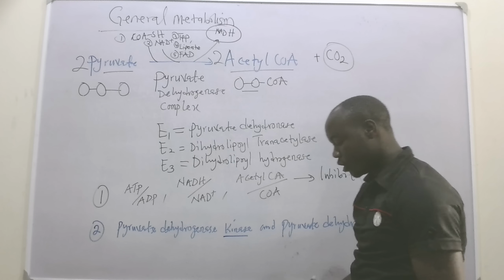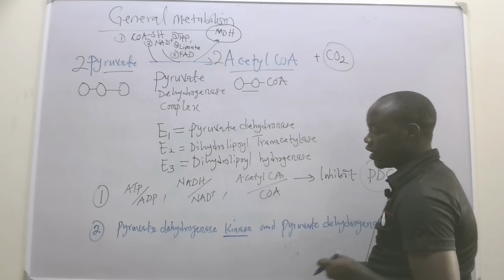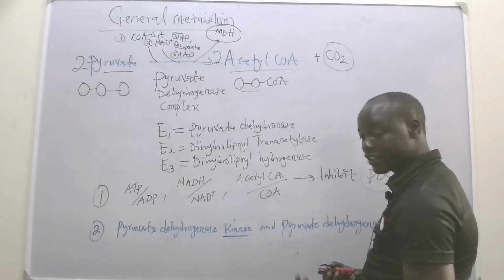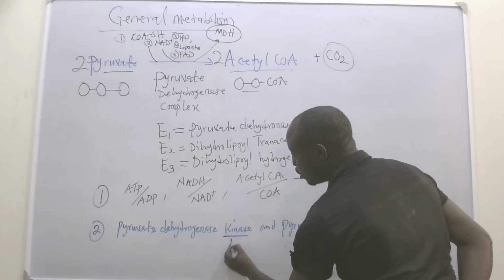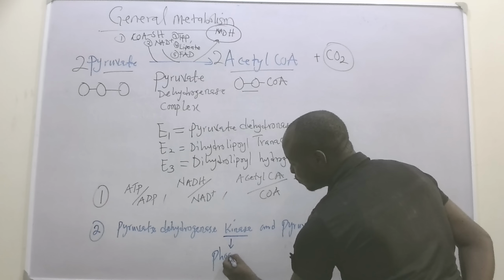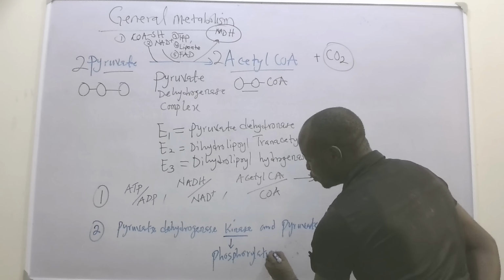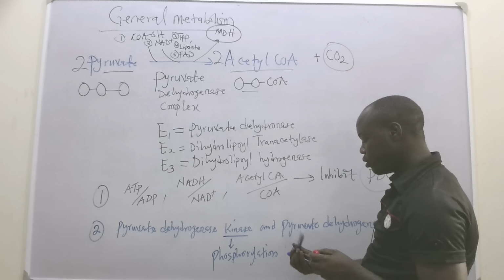or molecule. So, for example, pyruvate dehydrogenase kinase is an enzyme involved in phosphorylation. When we say phosphorylation, it means addition of a phosphate group.